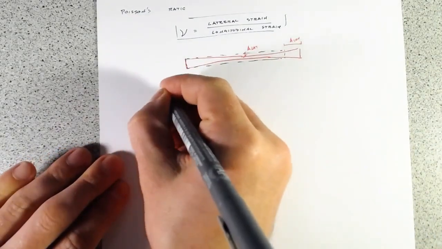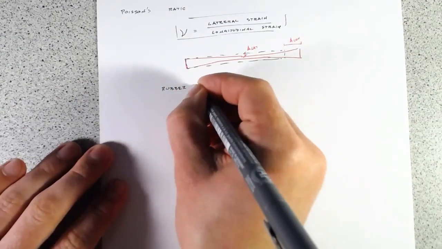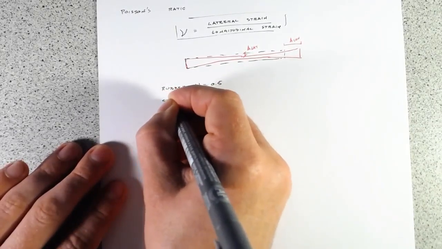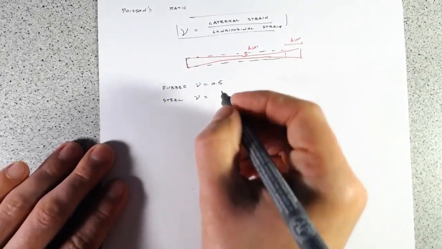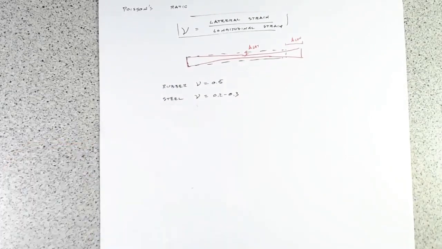So say rubber, nu equals 0.5. For steel, Poisson's ratio should be between 0.2 and 0.3.